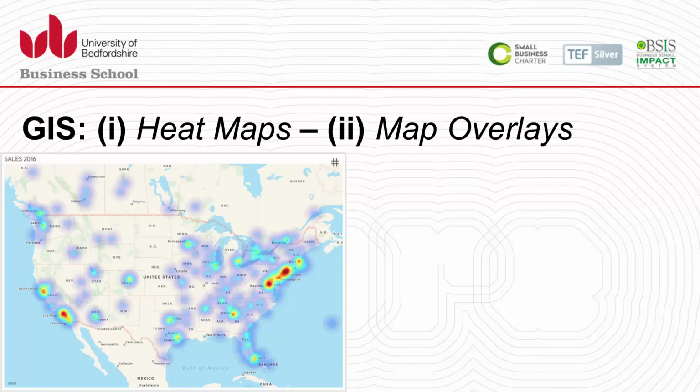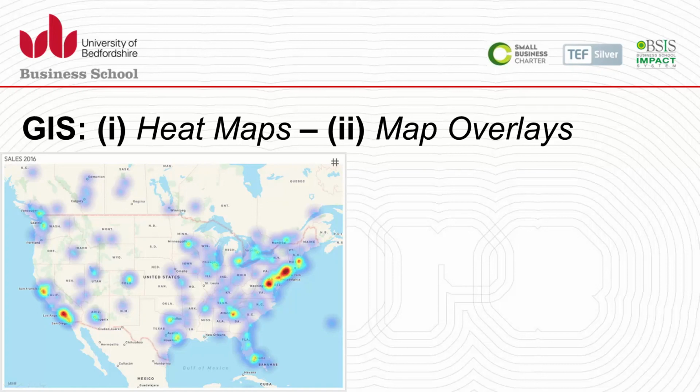Or we want to say how we can create a heat map, which is basically interpolating discrete points to create a continuous surface known as a density surface. Where is the huge population, for example, for a particular segment of the market?